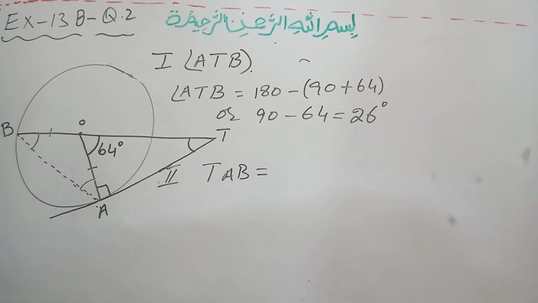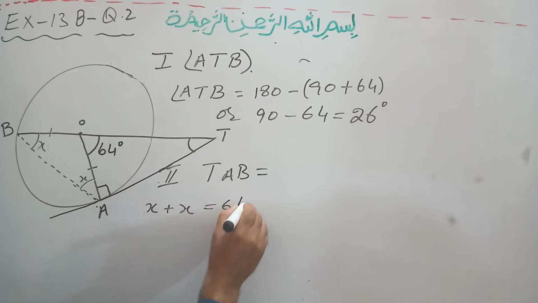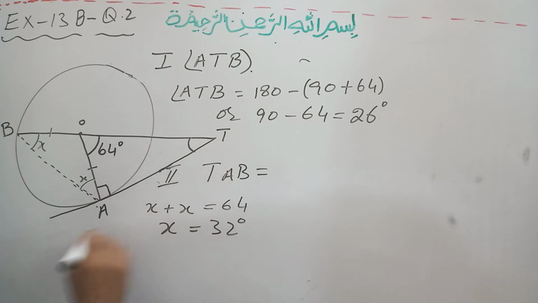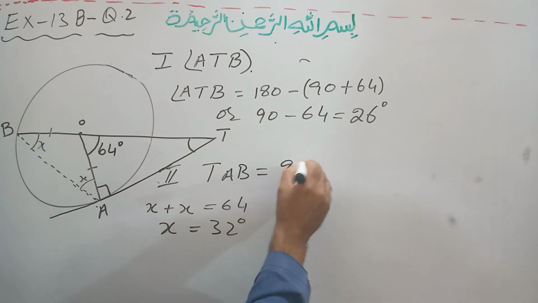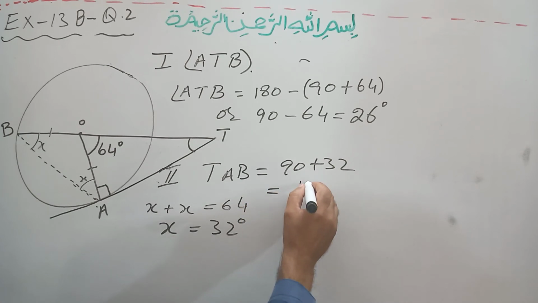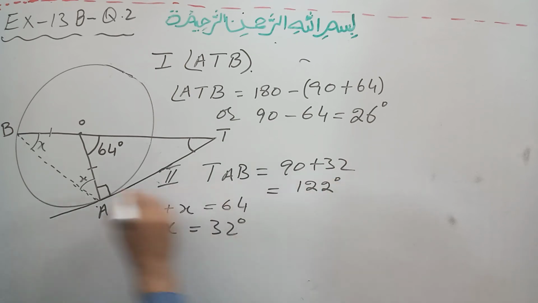According to the properties of a triangle, every exterior angle is equal to the sum of the interior angles. So if these two angles are x and x, then x plus x is equal to 64, so x is equal to 32 degrees. So TAB is equal to 90 plus 32. Your answer will be 122 degrees.